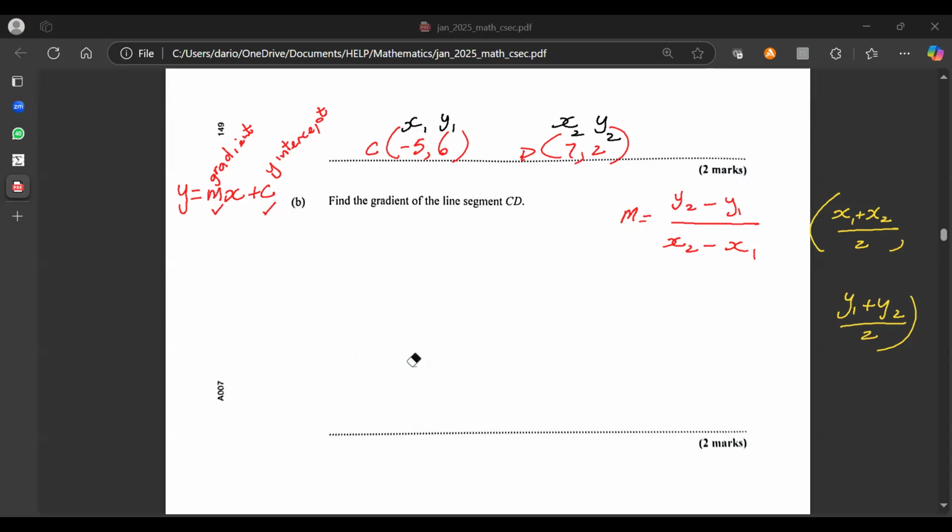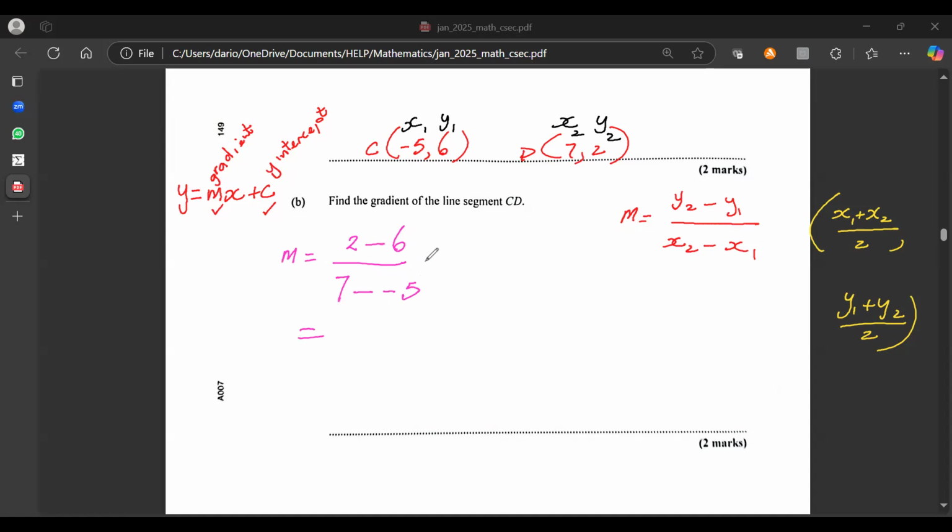So let's go. All right, so the formula is m equals y2 minus y1. y2 is 2, minus y1, which is 6, over x2, which is 7, minus x1, which is negative 5.